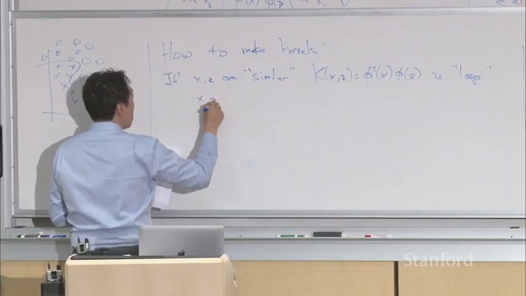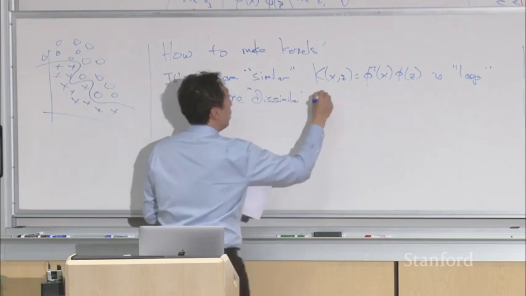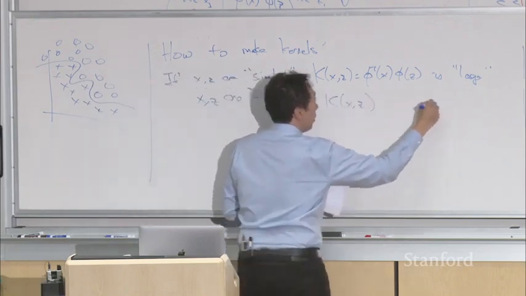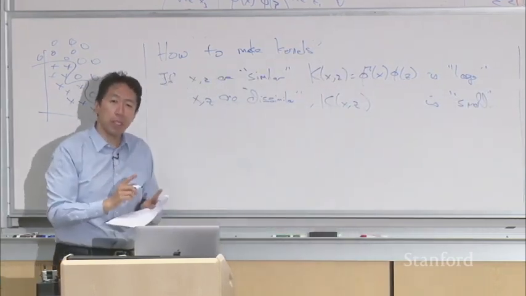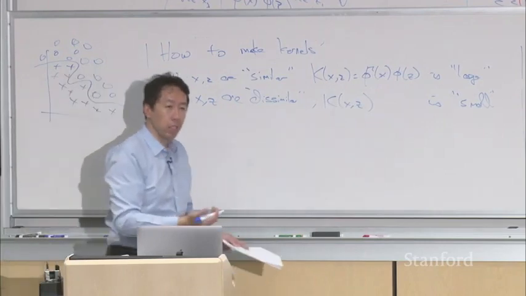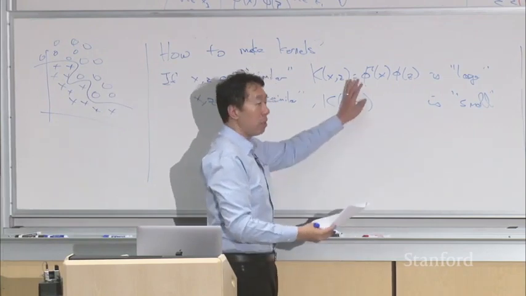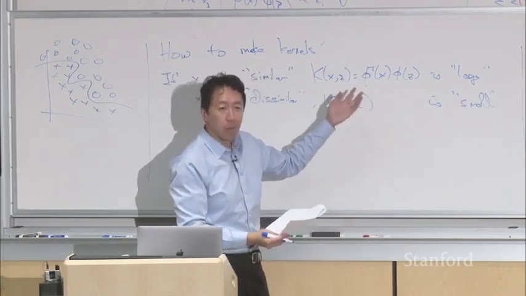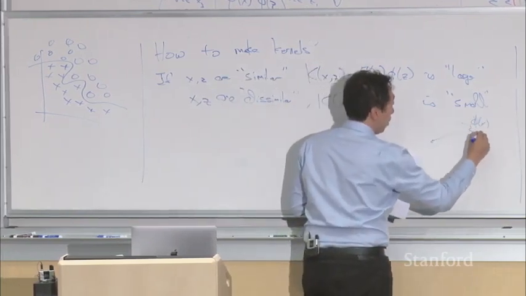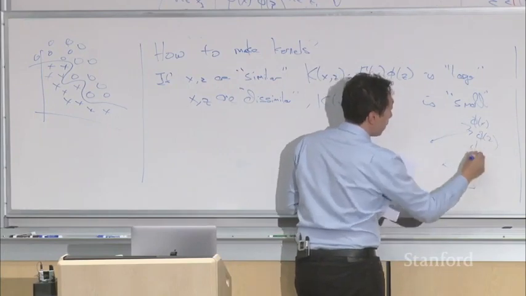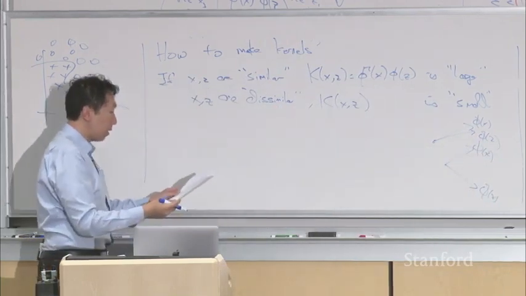And conversely, if x and z are dissimilar, then k of xz should maybe be small, right? Because the inner product of two very similar vectors that are pointing in the same direction should be large, and the inner product of two dissimilar vectors should be small, right? So this is one guiding principle behind what you see in a lot of kernels. If this is phi of x and this is phi of z, the inner product is large, but if they point off in random directions, the inner product will be small. That's how vector inner product works.